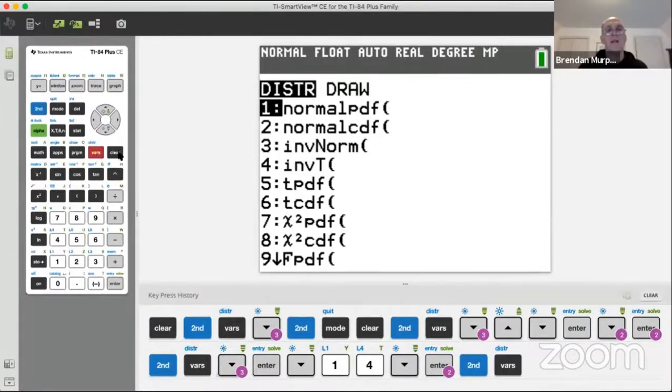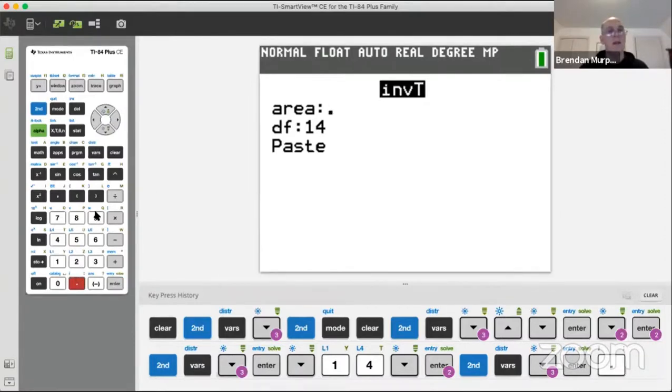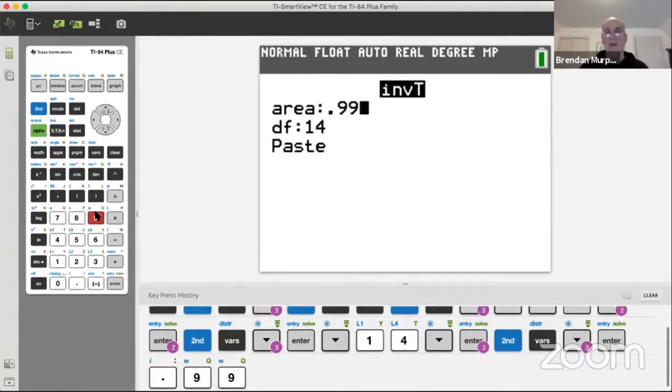Second VARS, I'll go down to inverse t. So in this case, I need to think about my area. My confidence level was what? 98. So this probably wants to be 0.99. Again, I'm adding that lower tail. My degrees of freedom is only 5 here, right? That's small. I would like it bigger.